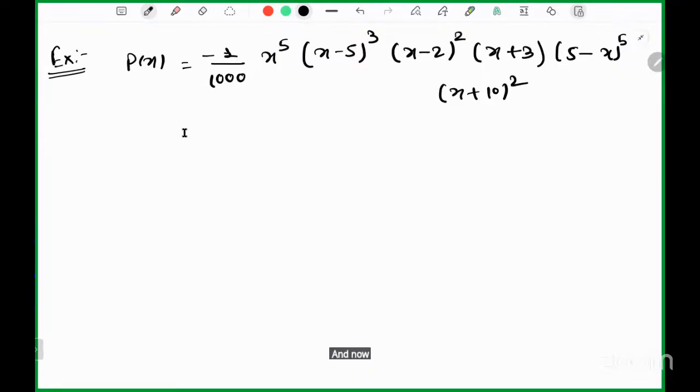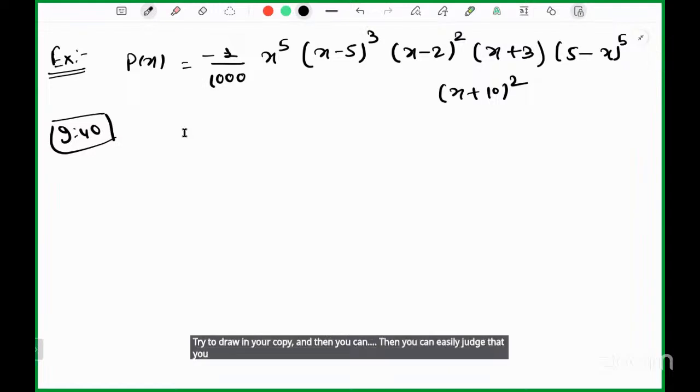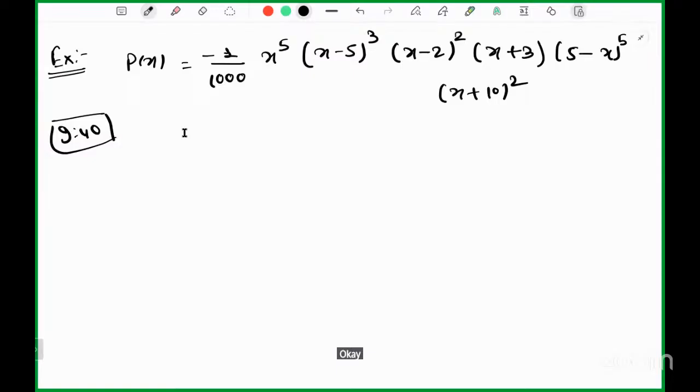And now just try to draw the graph of this polynomial by yourself, and then I'll discuss it at 9:40. Just take 4 minutes, try to draw in your copy, and then you can easily judge that you are understanding it right. First of all, observe the expression of p of x. Once you have done it, just message done in the chat so that I'll know how many people have attempted.